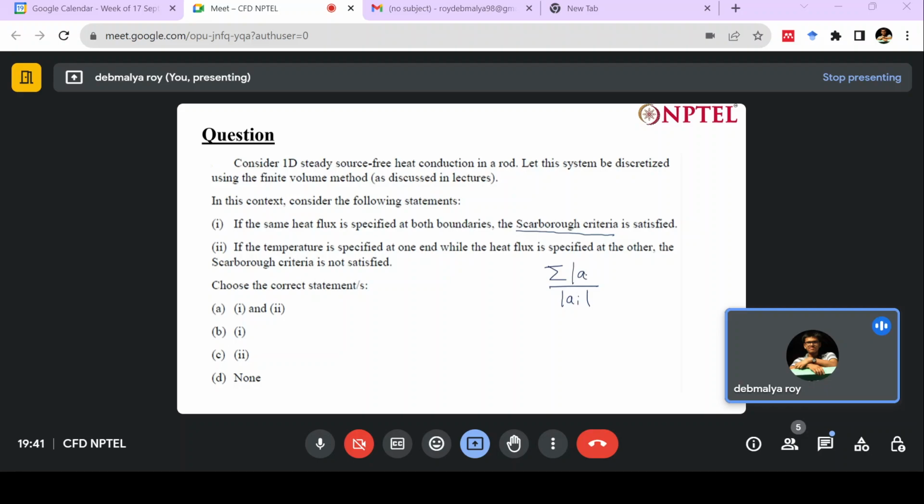Why this neighboring terms concept is used is basically because when you do the finite volume method, finite element methods, or the finite difference method as well, these methods are generally diagonal-centric.